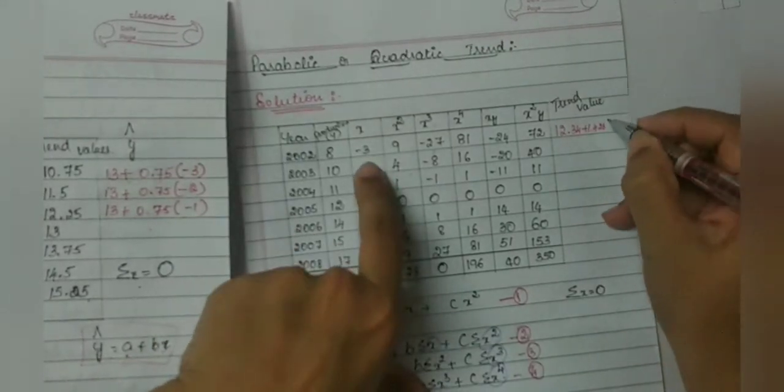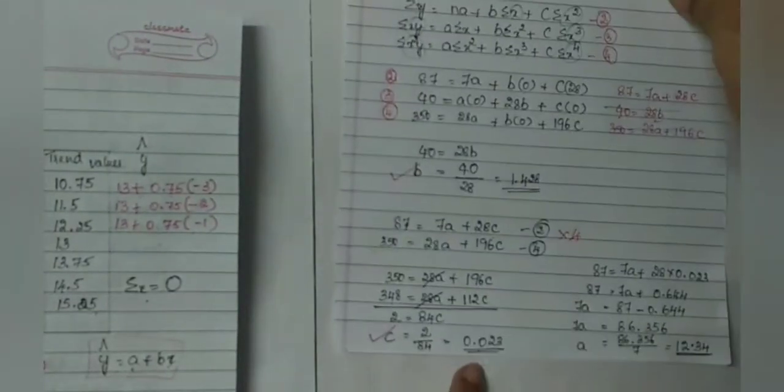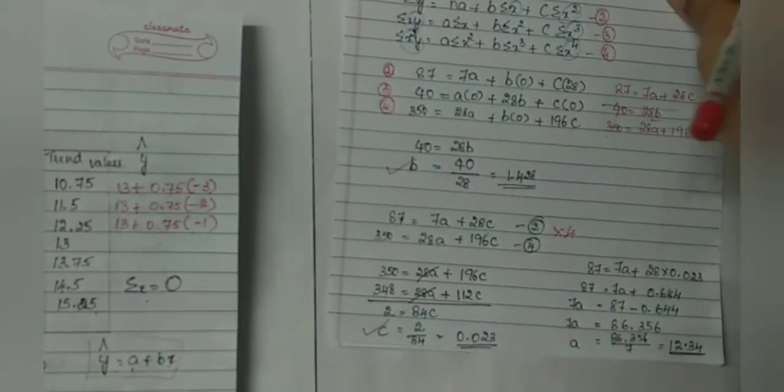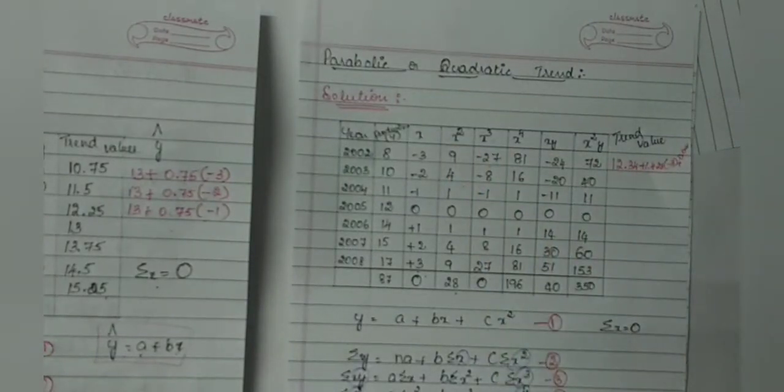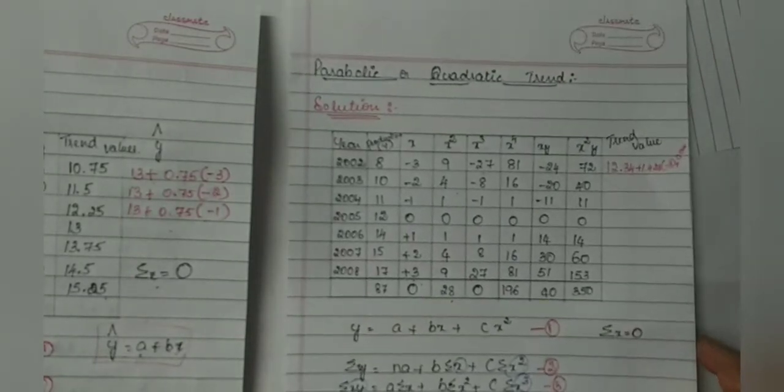Here x is minus 3, again plus c is 0.023 into x square, that is 9. So same way we'll be calculating for all the years. So that's it with parabolic or quadratic trend.